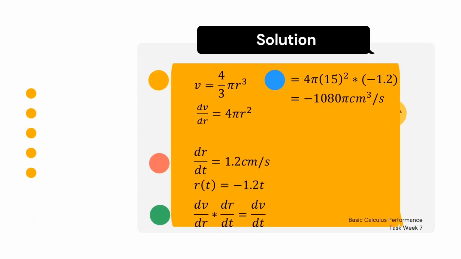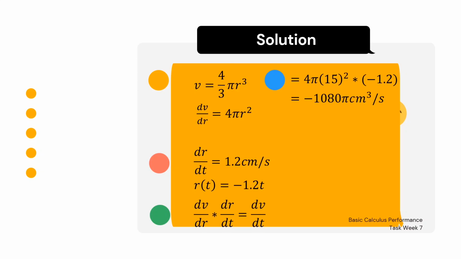So to find the volume of a sphere, which is the shape of our snowball, is 4/3 pi r cubed, and then we need to find its derivative, which is dv over dr is equals to 4 pi r squared, and then dr over dt is equals to 1.2 centimeters per second, and the rate is negative 1.2 since our snowball is decreasing.